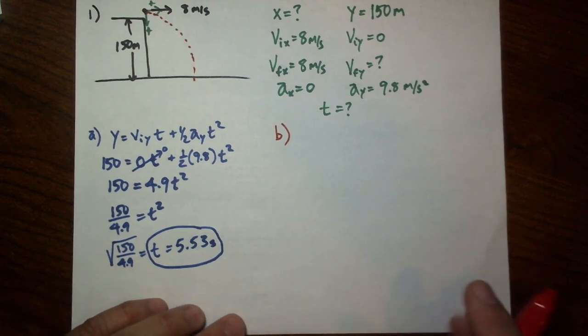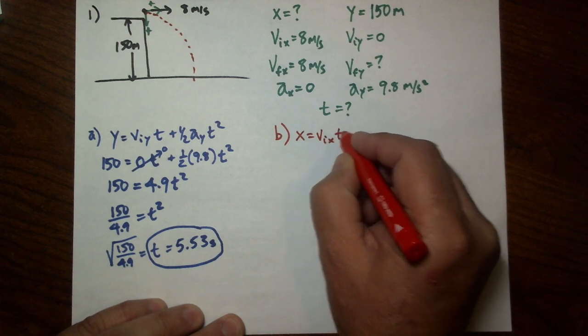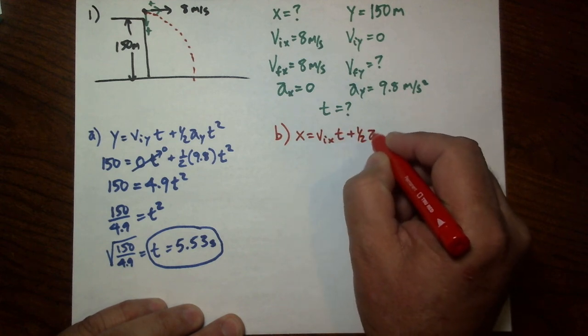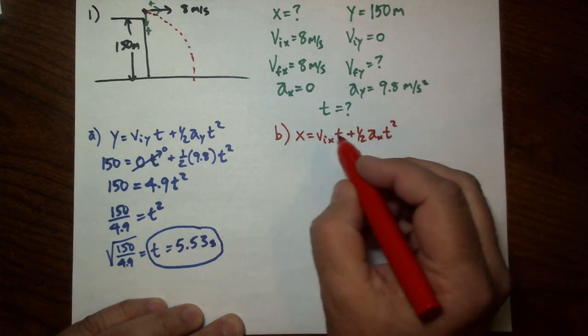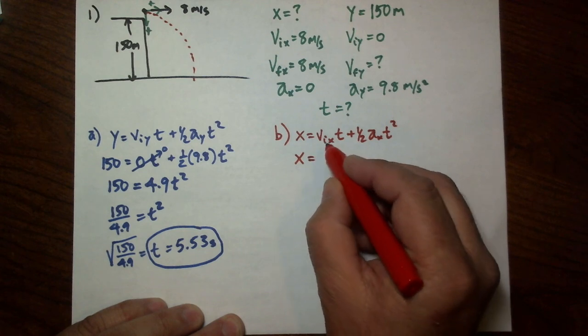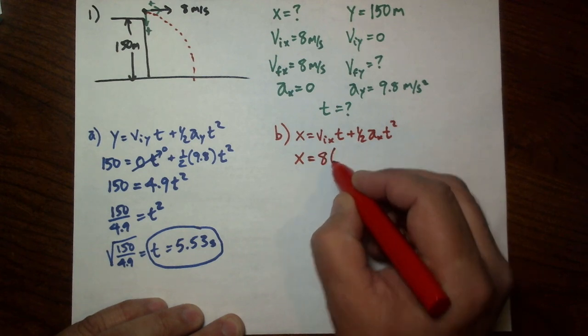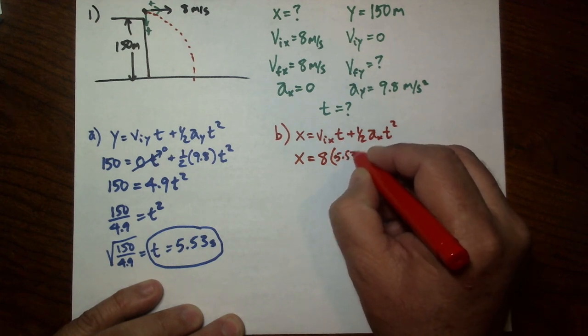And for that, I would probably use the X Swiss Army equation. Now, the X Swiss Army equation is really nice here because this entire second term is going to disappear and become 0. But let's see it happen. We don't know what x is, so we leave it as x. Vix is 8, and t is now known to us to be 5.53.